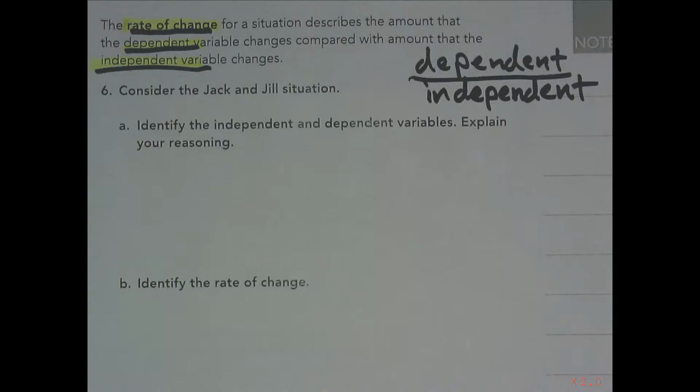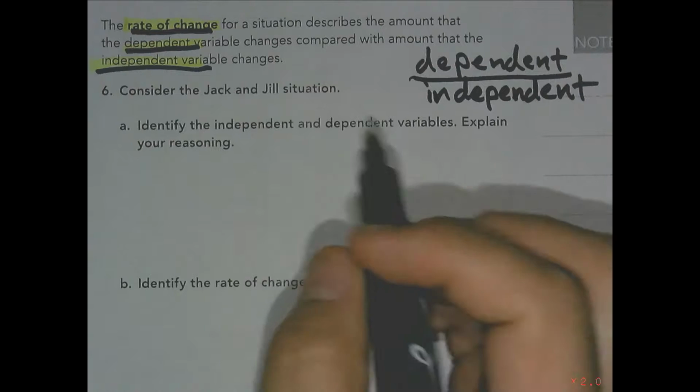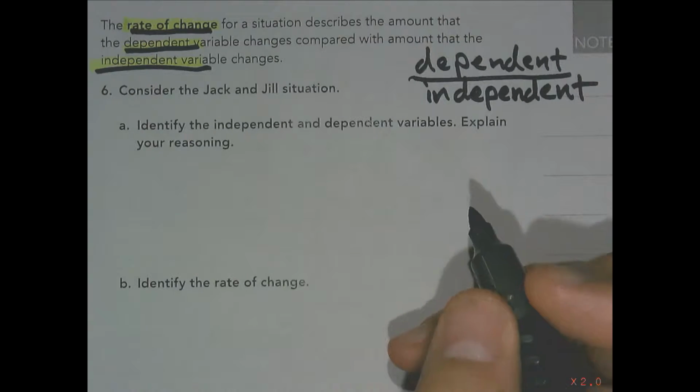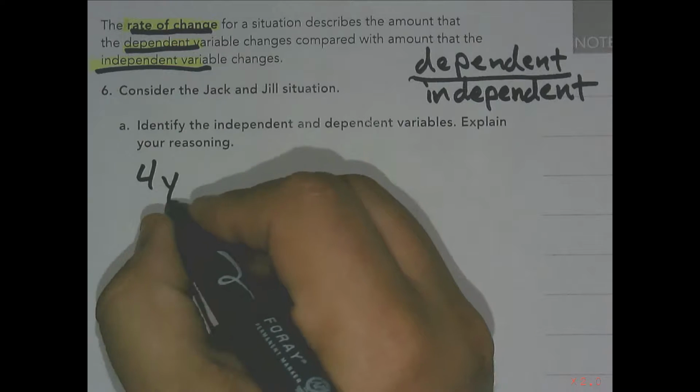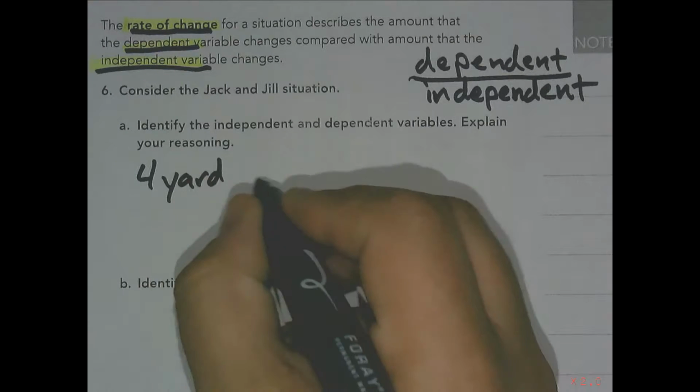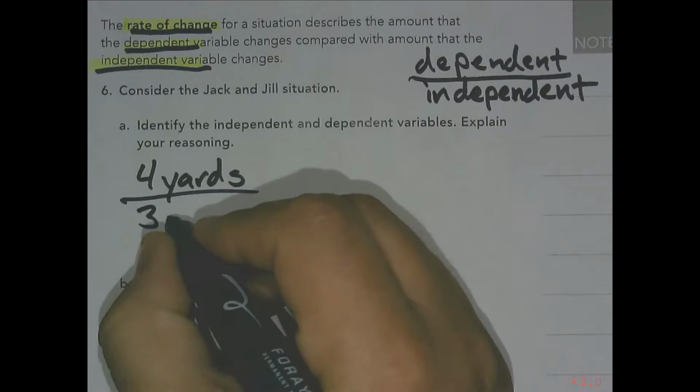Okay, so it says consider the Jack and Jill situation. They want us to identify what was the independent and dependent variable or value or parameter. And so remember, we were comparing yards to time, right? It was 4 yards per 3 seconds.